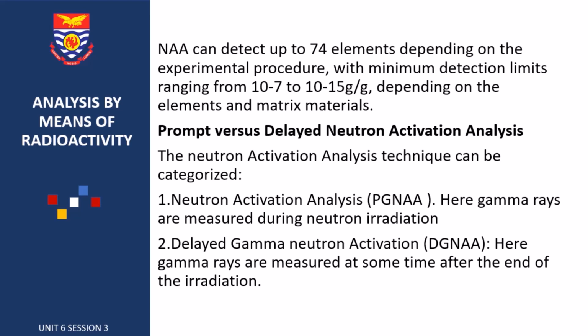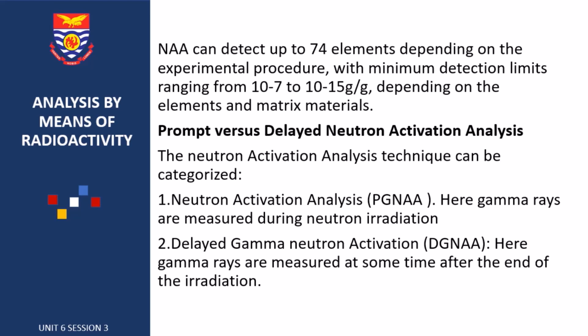Let's look at the prompt versus delay neutron activation analysis. Now, neutron activation analysis techniques can be categorized into two groups: the prompt gamma neutron activation analysis, the PGNAA, and then the delay gamma neutron activation analysis.